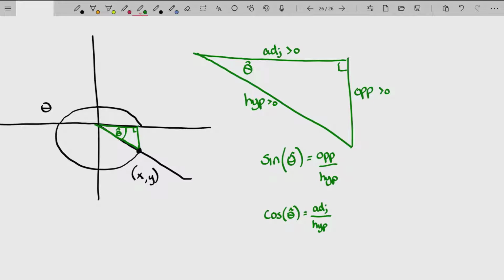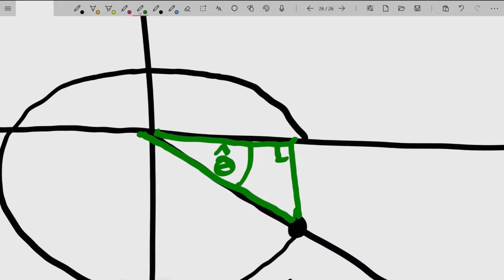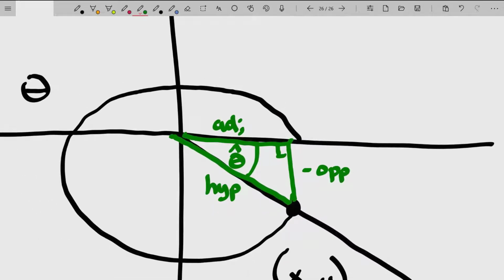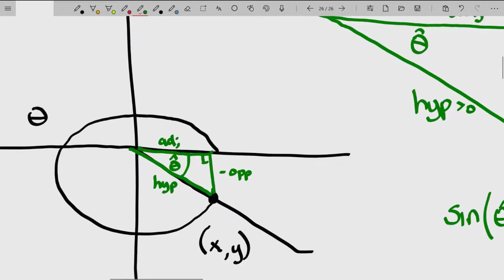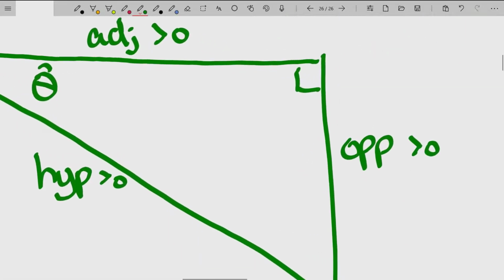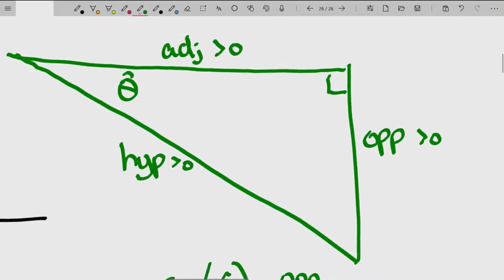Now think about this. With the sine here being opposite over hypotenuse, while the numbers, their absolute values, are actually matching here, this is actually the negative of the opposite. And this is because x values are positive here. That is actually the value of the adjacent, and this is actually the value of the hypotenuse. But the y value is negative, so it's not going to be the same as the right triangle trig opposite side.